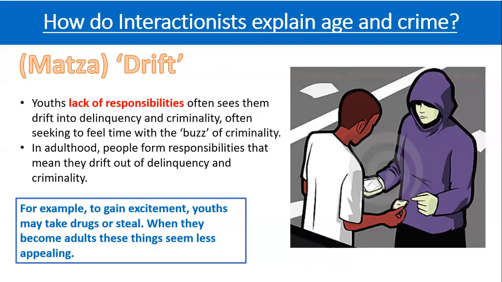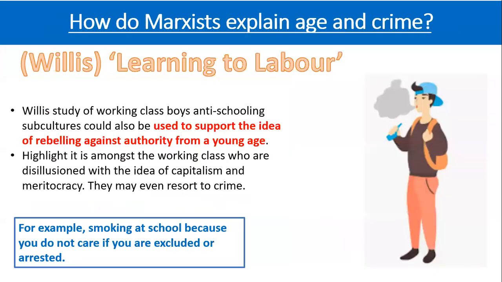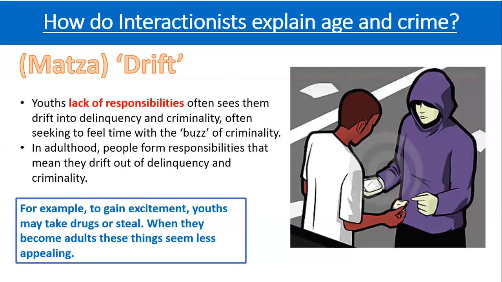That means they drift out of delinquency and criminality. So they maybe haven't got the time, or they can't afford to be caught, maybe stealing or taking drugs or whatever it may be. But Matza is, again, very similar to what Brake was saying earlier. It's this idea that young people have less commitment, or more time, rather.